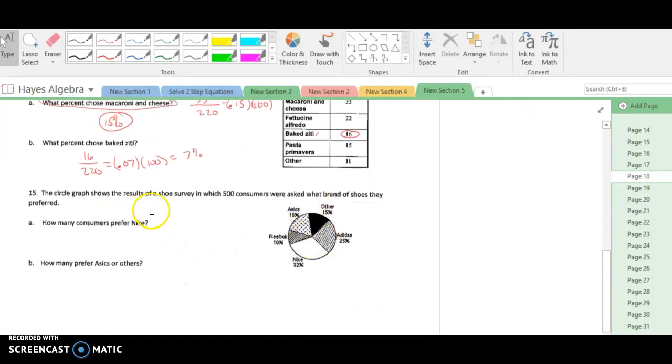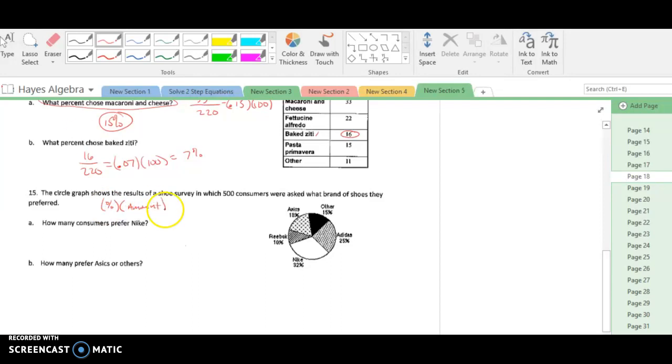And the last one. The circle graph shows a shoe survey in which 500 consumers were asked what brand of shoes they preferred. We obviously know what you would choose. Definitely Nike, I'm sure, or the Adidas Boost. So when we look at this, how many consumers preferred Nike? Well, we're basically finding a percent of an amount.